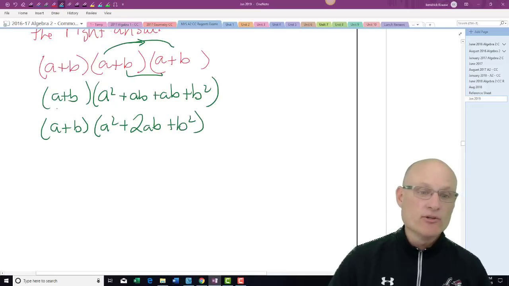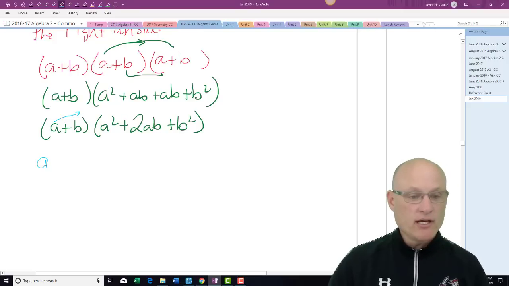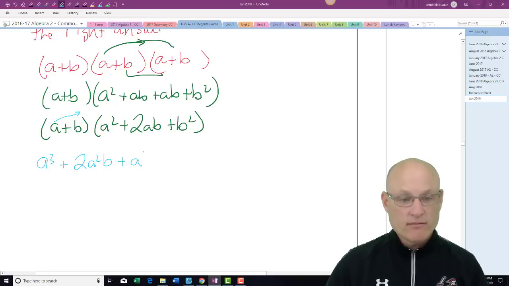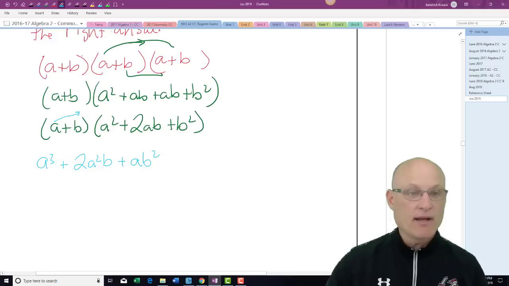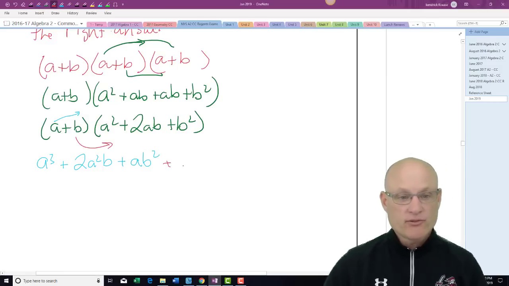Now I'm going to take the a and multiply by all three of those. A cubed plus 2a squared b plus a b squared. So all I do is multiply the a by that. Now I'm going to do the b by all three. Plus a squared b plus 2ab squared plus b cubed.